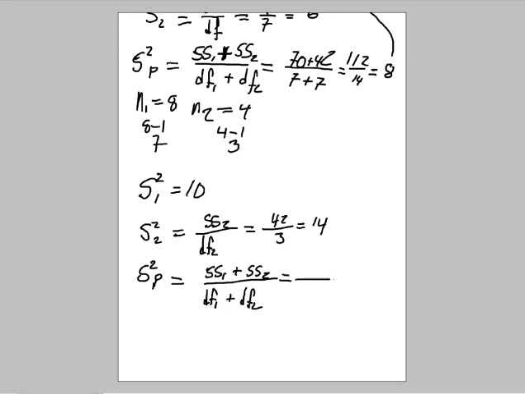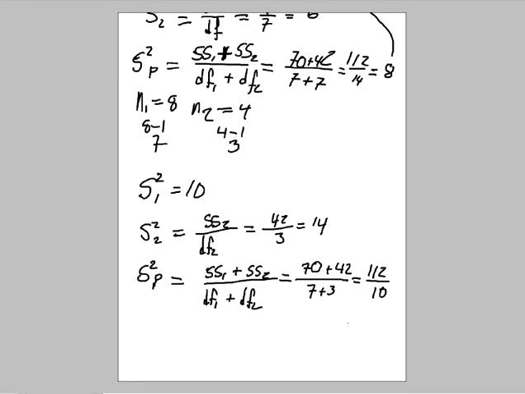That equals 70 plus 42 divided by 7 plus 3. That equals 112 over 10.